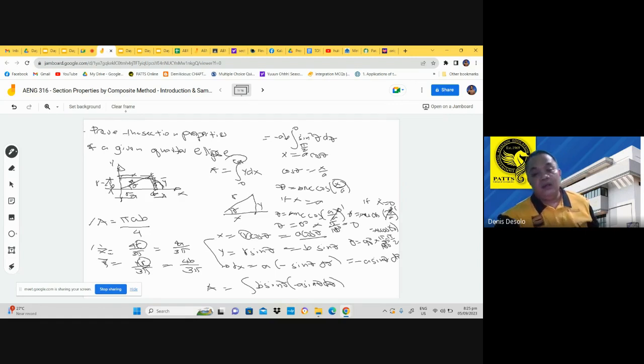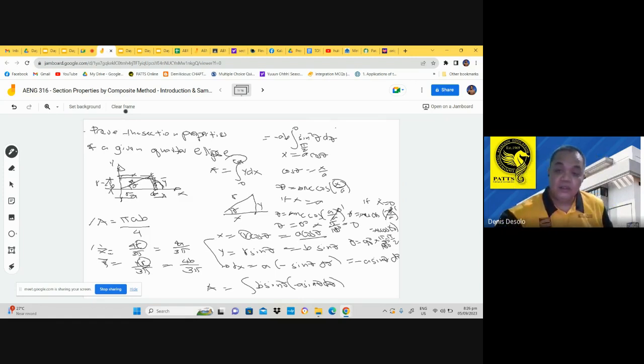Now, this looks like an integral solvable using the Wallace formula, except that the limits are not the same. The pi over 2 is the lower limit, 0 is the upper limit. So in order for us to interchange their position, what we need to do is multiply negative signs in the whole integral expression.